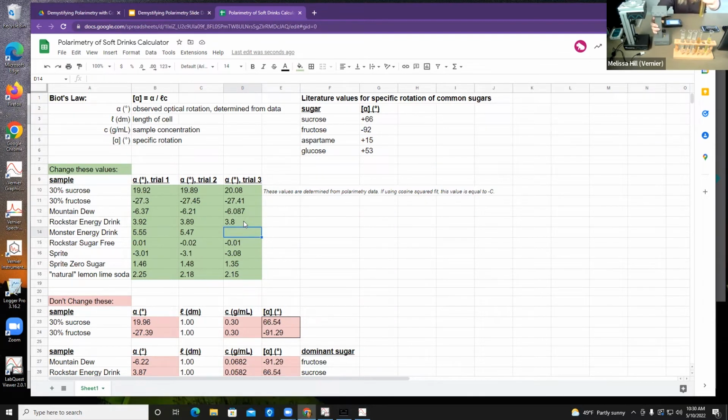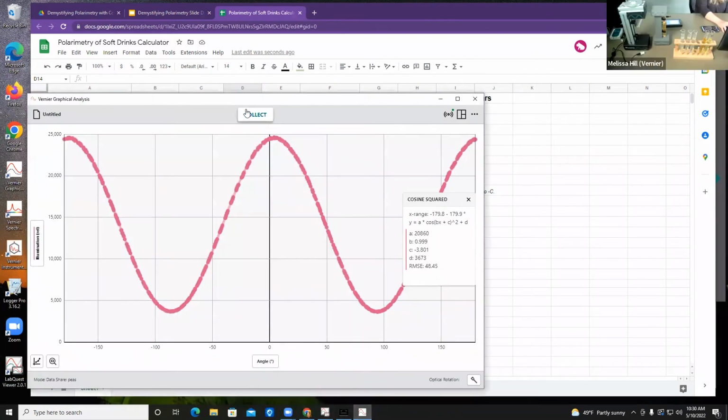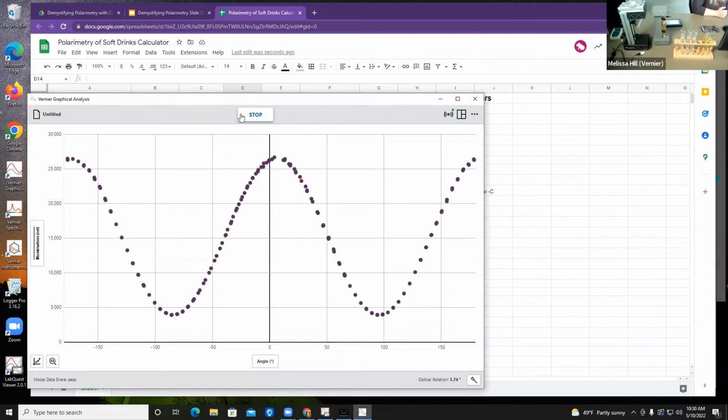And then I can do the same thing with Monster energy drink. And I don't want to drink any energy drinks anymore. Well, I was about to say, this actually gives a really good conversation too about nutrition and what's commonly perceived as better nutrition, nutritious sugars, since the Rockstar energy drink has more glucose and sucrose.